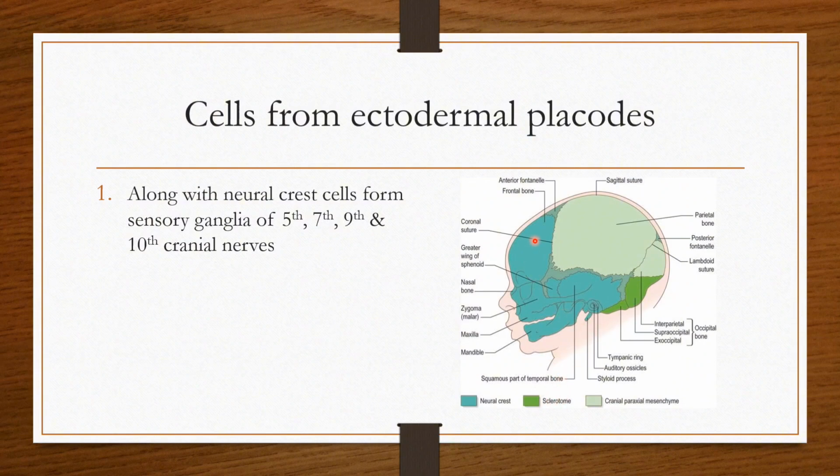Then the neural crest cells form all of the viscerocranium and part of the neurocranium as well. And the fourth source, the ectodermal placodes, form the sensory ganglia of the 5th, 7th, 9th and 10th cranial nerves along with the neural crest cells. So these are the sources which form the different structures in the head and neck region.